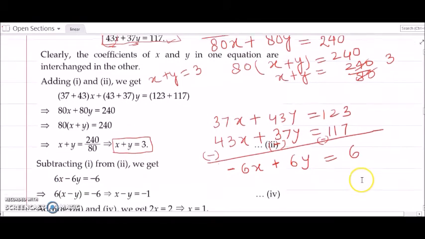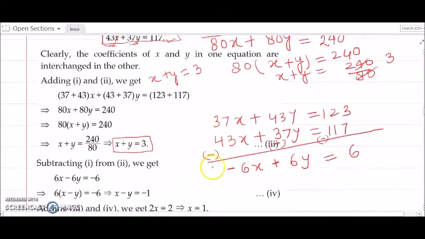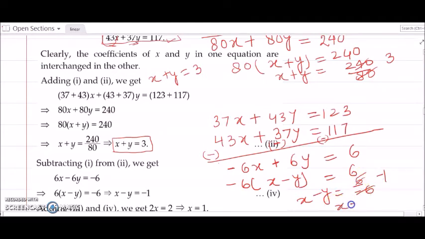If you take minus 6 common, you will get x minus y, with a minus because the positive becomes negative when you take minus common, is equal to 6. So x minus y is equal to 6 upon minus 6, you will get minus 1. And x minus y is equal to minus 1.